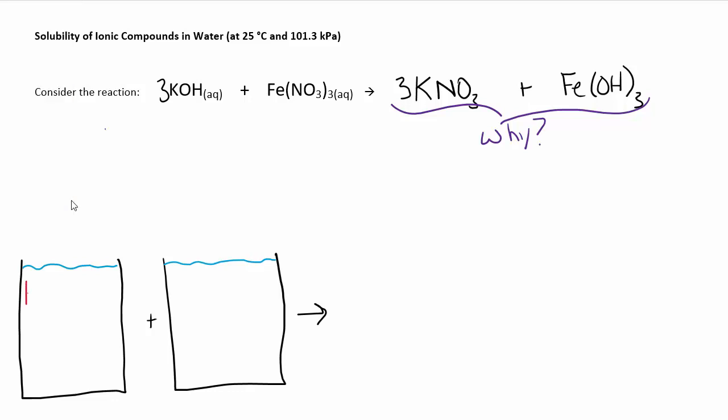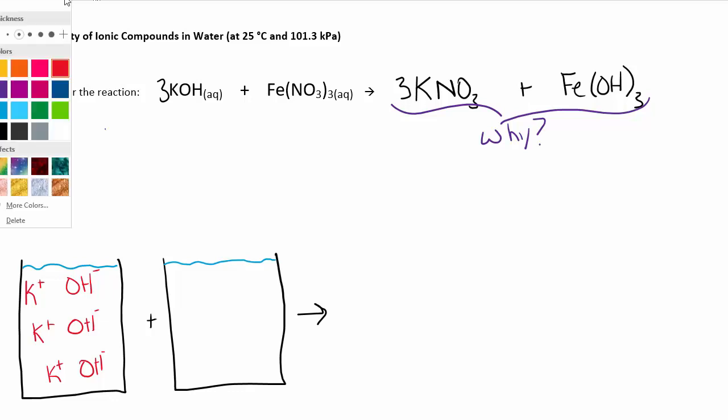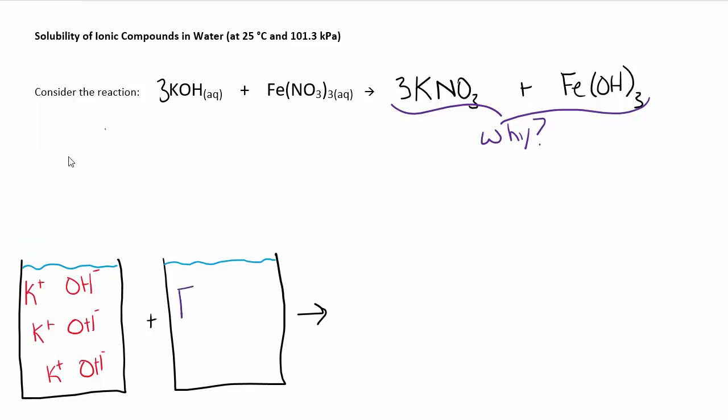I can sketch all of those, and I will end up with 2 distinct solutions that have the ionic compounds separated into their constituent ions. Again, this process is known as dissociation, and this is what happens every time an ionic compound is dissolved in water. So I represent the second solution, iron(III) 3+ and 3 nitrates.